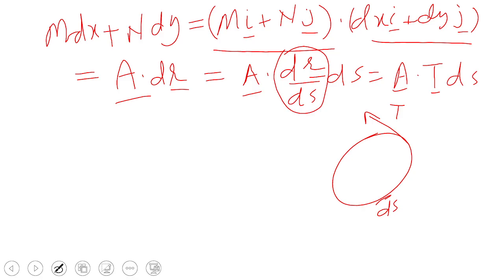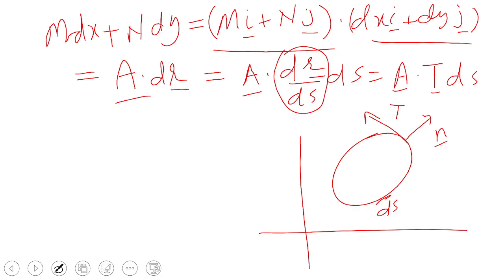Okay. Now, we see that there should be a normal over here, unit normal n. T and n lie on the xy plane, let us say, and we have a third vector k which is perpendicular to n and t.